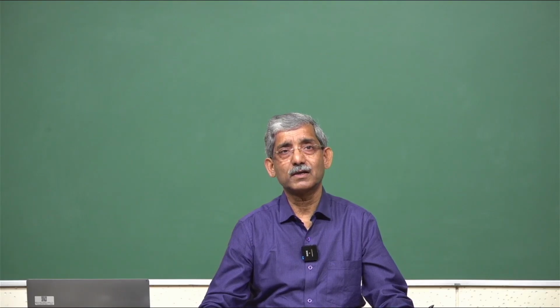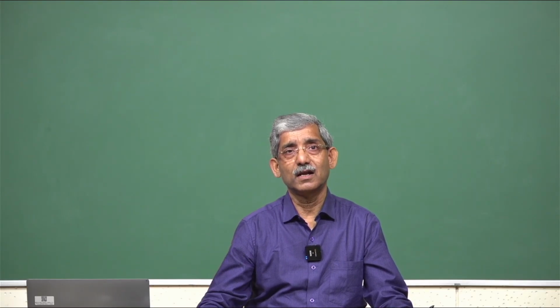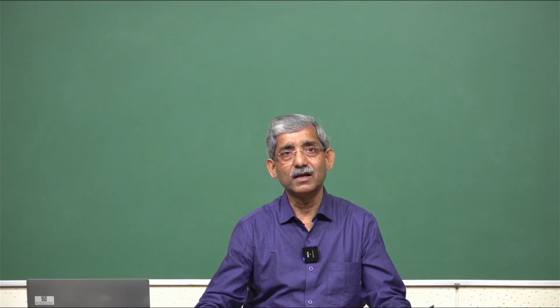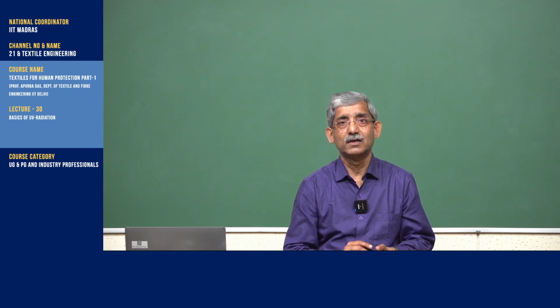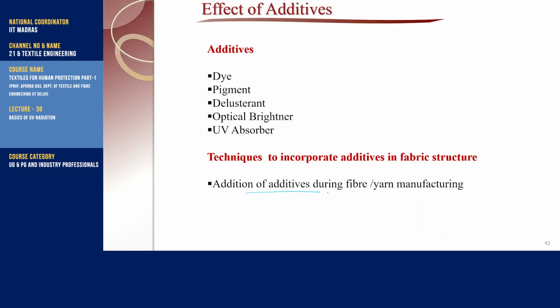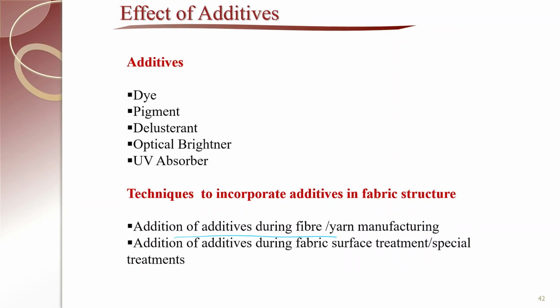Additives on the textile material have an effect. The techniques to incorporate these additives into the textile structure are: they can be added during the fiber or yarn manufacturing, at the polymer level, or applied on the fabric surface by special treatment.